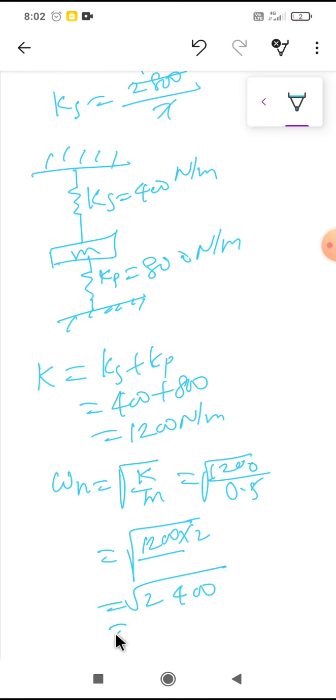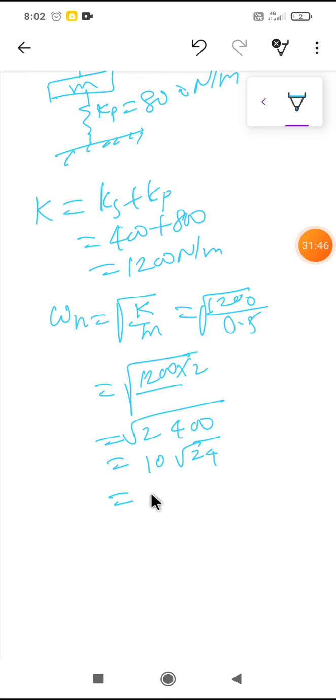I can write it as 10 root 24, and 24 I can write as 6 times 4, so 4 can come out, giving 20 root 6. So that is the natural frequency.